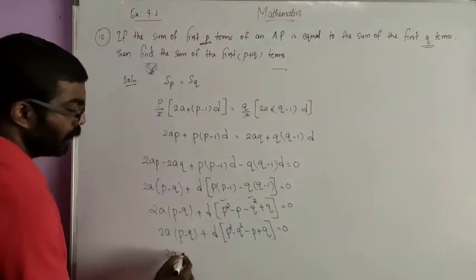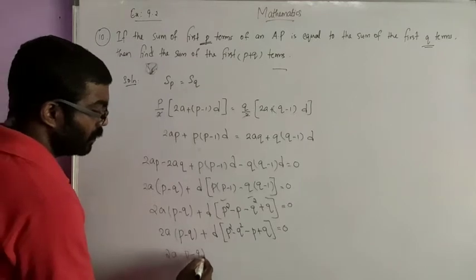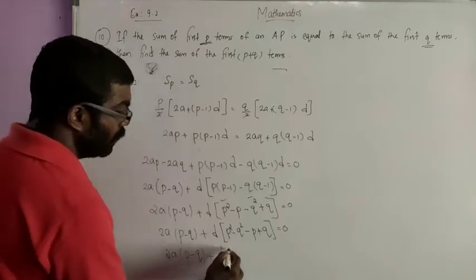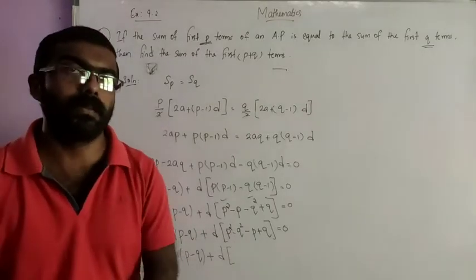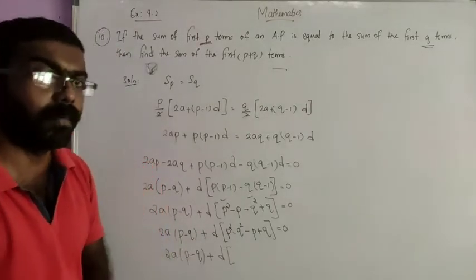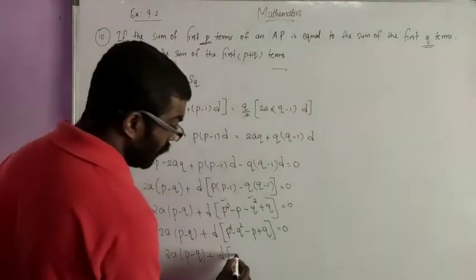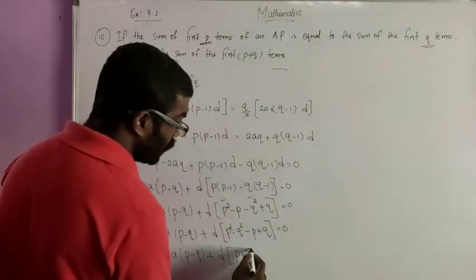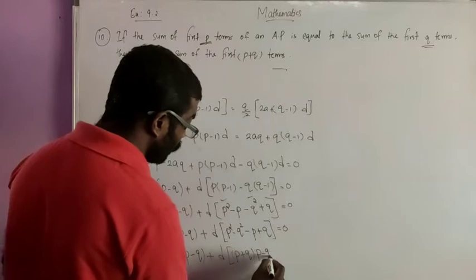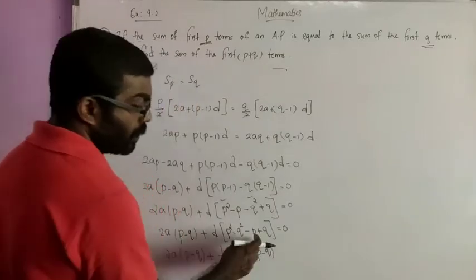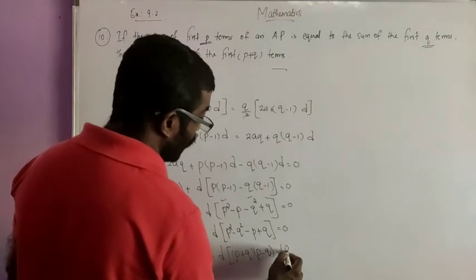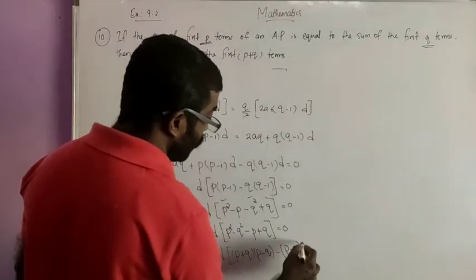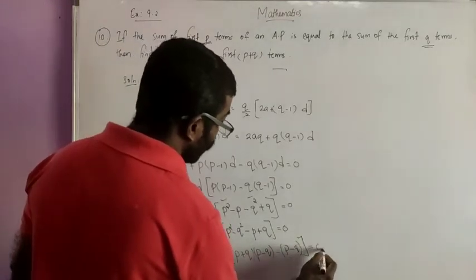That is 2a into p minus q plus d into p square minus q square. Using a square minus b square equals a plus b into a minus b, we can write p plus q into p minus q. From the next two terms we can take one minus out, so minus of p minus q is equal to 0.